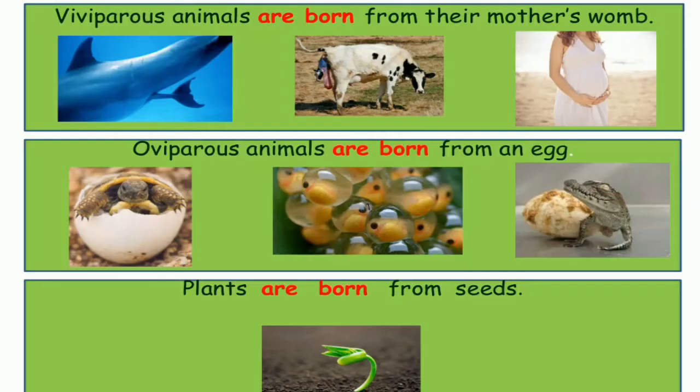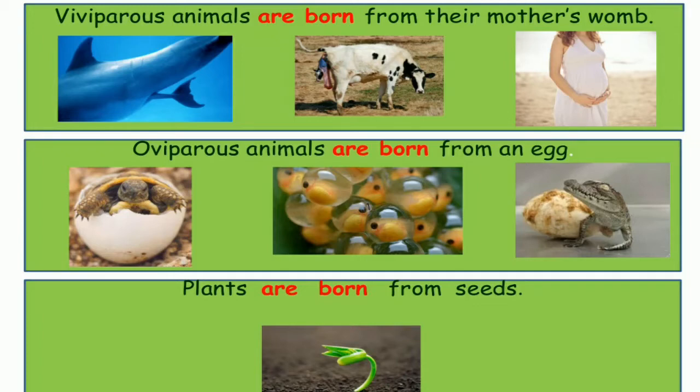Okay, here we can see viviparous animals are born from their mother's womb and oviparous animals are born from an egg. Here we can see the frog egg, crocodile egg, and plants are born from seeds.